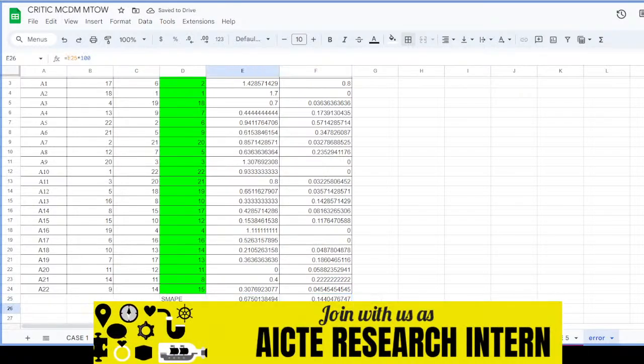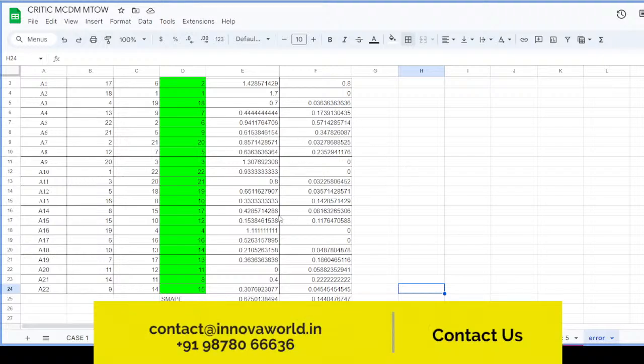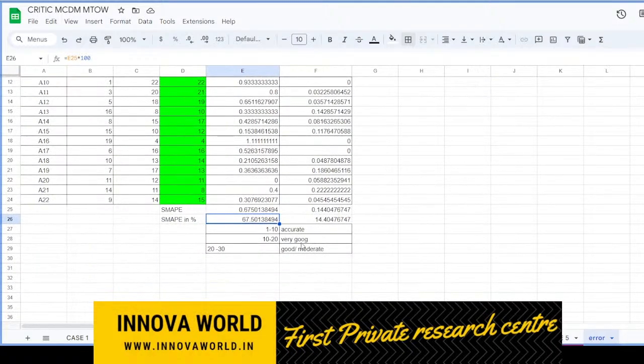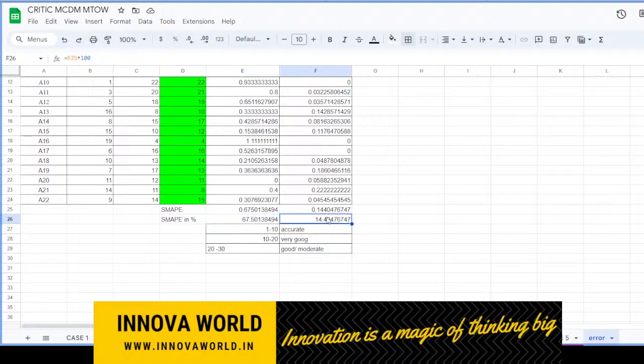As you can see here, the difference for TOPSIS is 67, which is not at all acceptable, meaning there is a huge error. Now you see the MURA method, which is 14, which falls under a very good result.